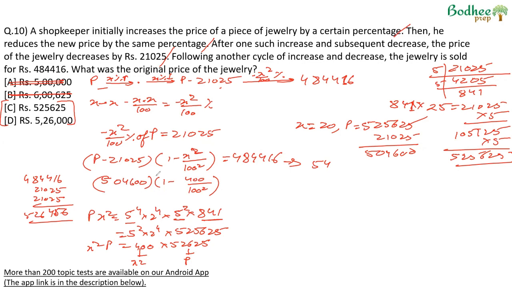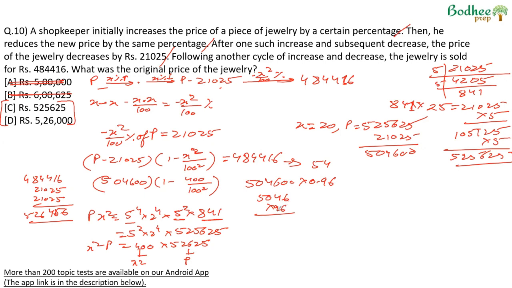So if we calculate this, we'll get 504600 into 0.96, which is nothing but 5046 into 96. We can do 100 minus 4. I'm multiplying only.